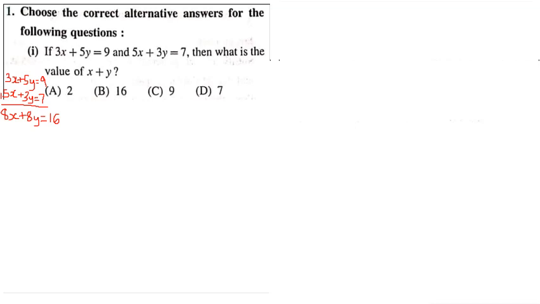So now if you can see, we have 8 in common with all these three terms. That is 8 ones are 8, 8 ones are 8, and 8 twos are 16. So 8 is common.